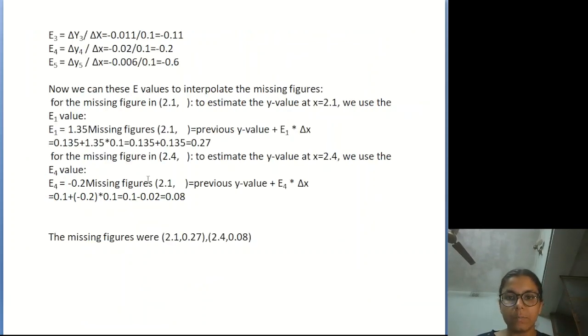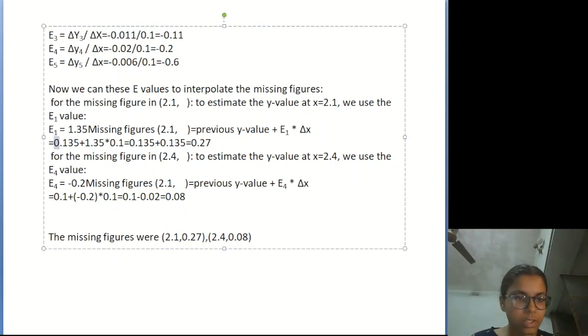And so we would take the previous value from the table, then the E1 value would come from the values that we have generated, I mean the shift operator values, and then with that we would just multiply the delta x. So after doing all this, you can see here, we have calculated the whole thing.